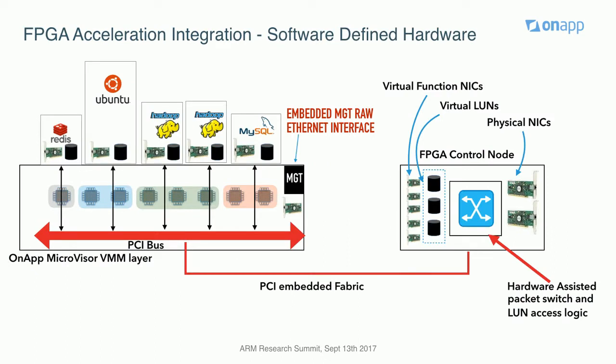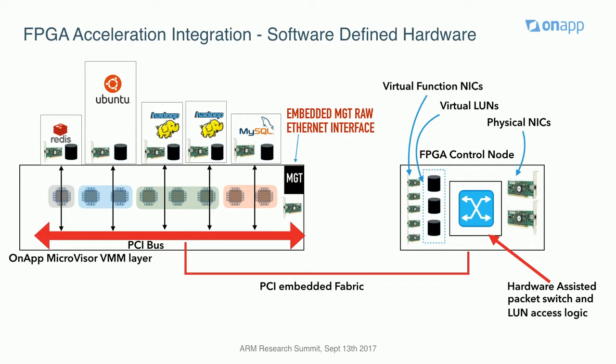At the FPGA level, we also have logical components that allow us to create virtualized I/O resources and to be able to map those dynamically at runtime to the virtualization layer. So in the KMax case, this sits above a PCI embedded fabric.